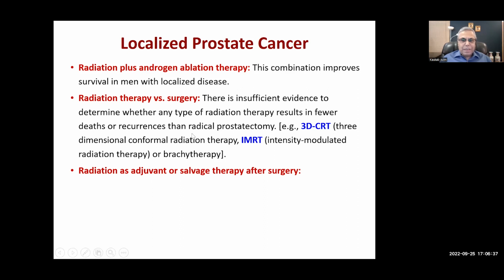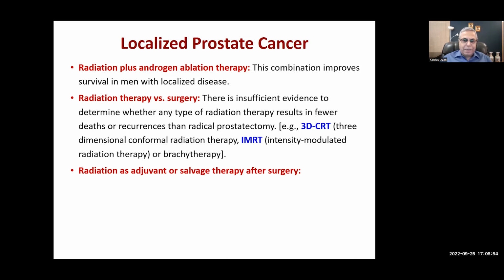Adjuvant therapy means you have done the operation, and after the operation, you're trying to kill the remaining cells. You're trying to eliminate them. Salvage therapy means you gave a treatment, but the cancer came back. That is also known as biochemical recurrence.